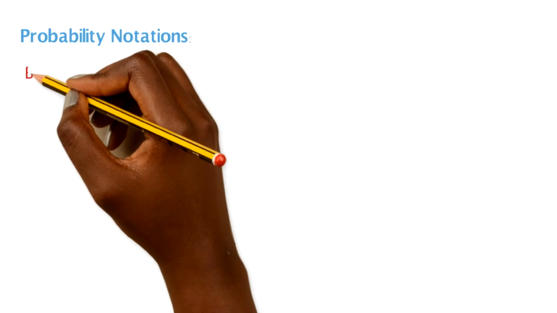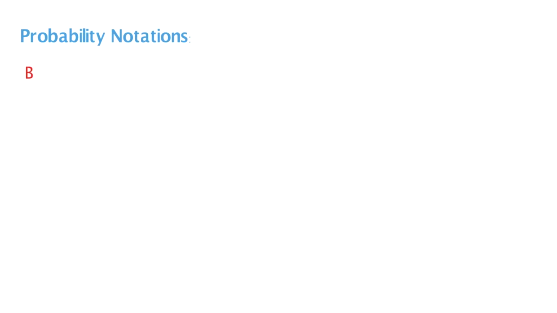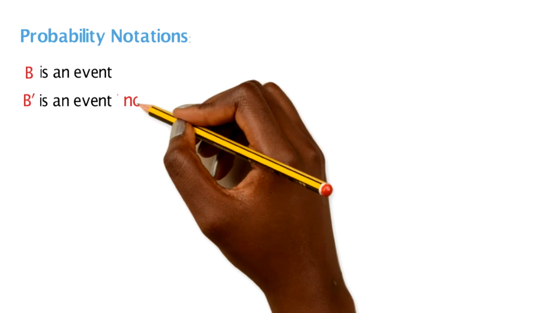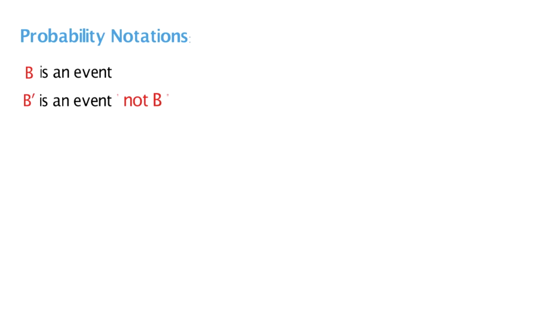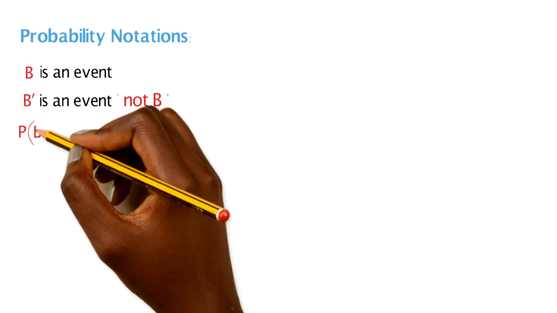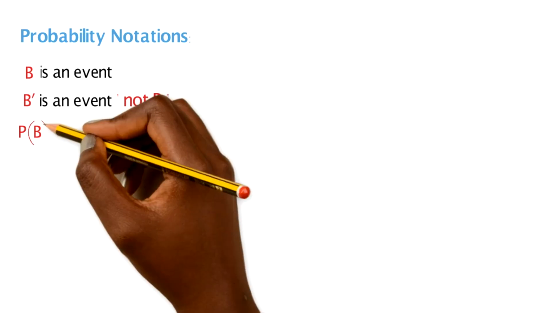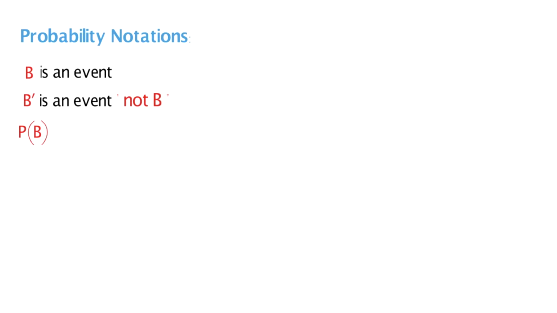Another thing I want you to know is probability notations. Notations just mean different terms. The first thing is a letter on its own is an event. So B is an event, and then B with the dash means it's an event of not B, so not B happening. Then if you have P brackets B, which I mentioned briefly before, it's the probability of B, the event, occurring.